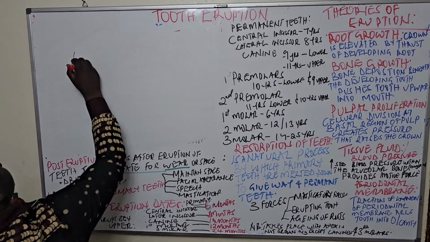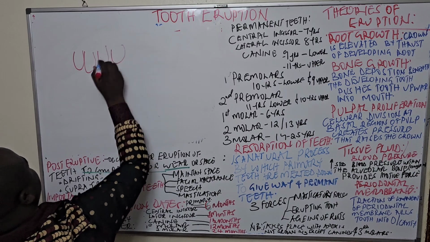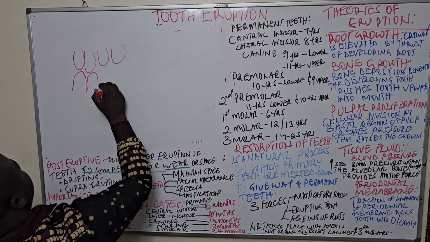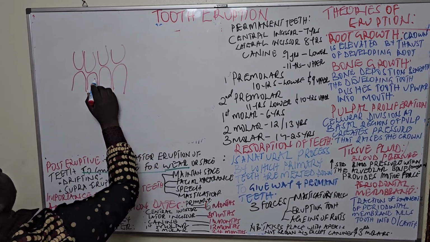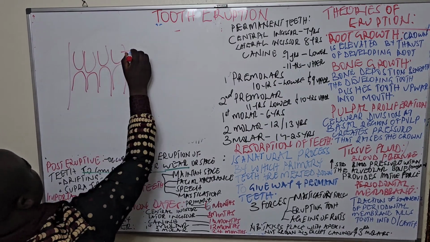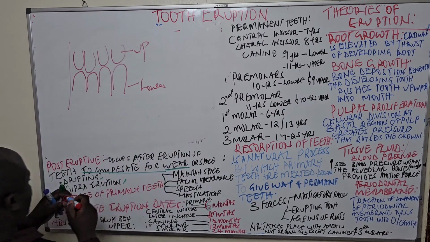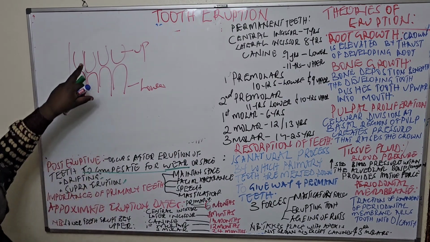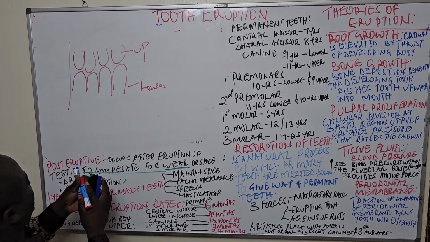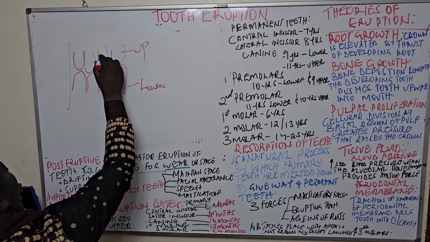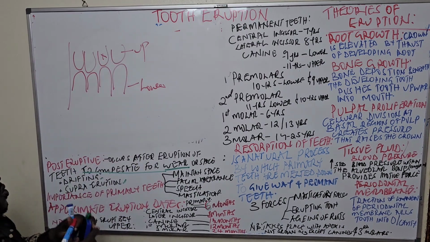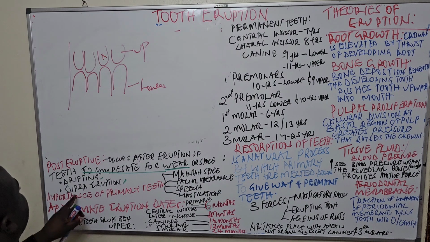When we have teeth which are arranged like this, these are upper and these are lower. When you remove one tooth, for example tooth X, let us first describe drifting.